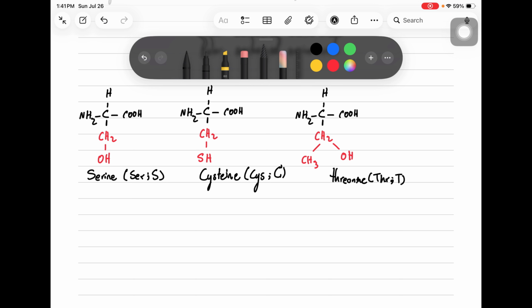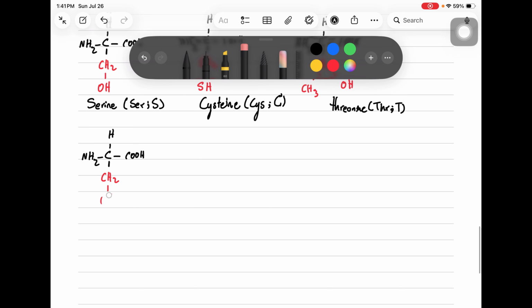So these are the polar uncharged amino acids. We're going to have asparagine, and we're going to have glutamine here. I'm going to show these because these are kind of big. They also contain that OH group.